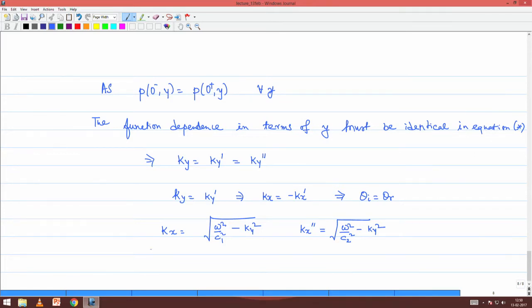So, we could turn this around, and if we now wish to determine tan theta I, that is given by k y by k x, and k x could be written as the square root of omega square by c 1 square minus k y square, right. And similarly, tan theta t, which is the angle for the transmitted wave.